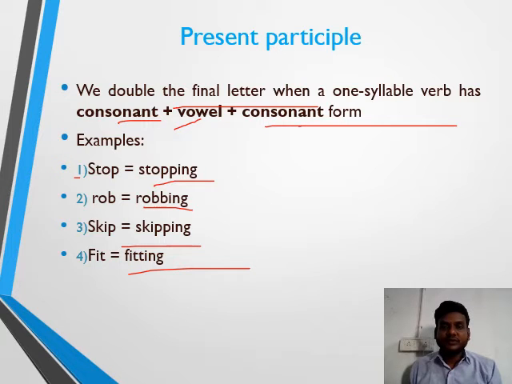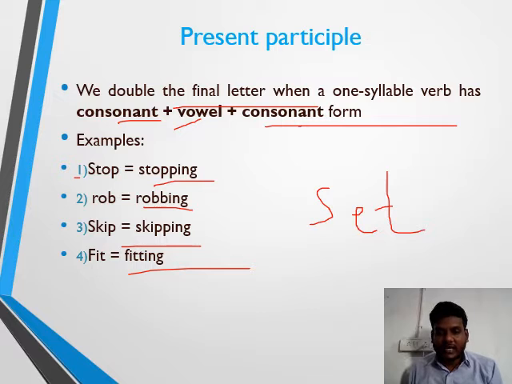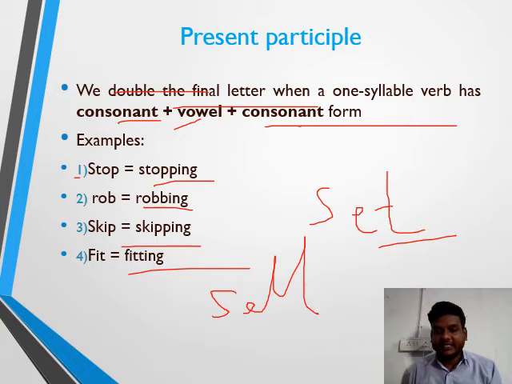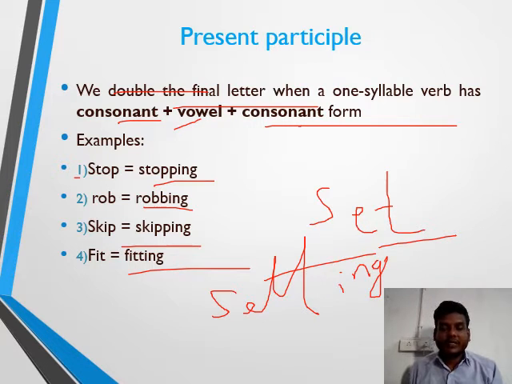With this pattern of one consonant, then vowel, then consonant, we double the final letter, then add I-N-G. I hope it is clear to you. This is the present participle.